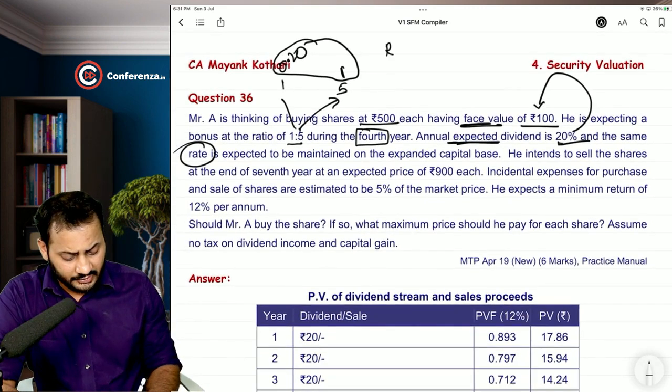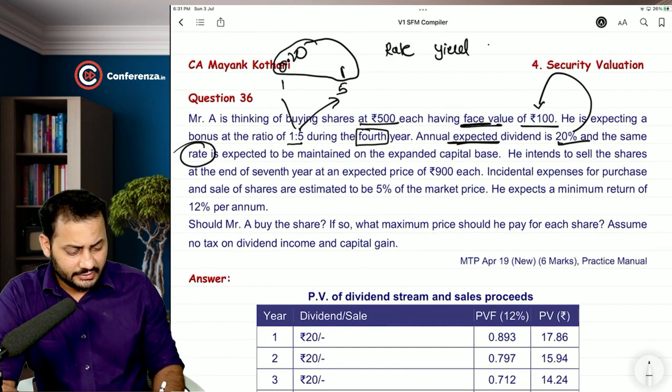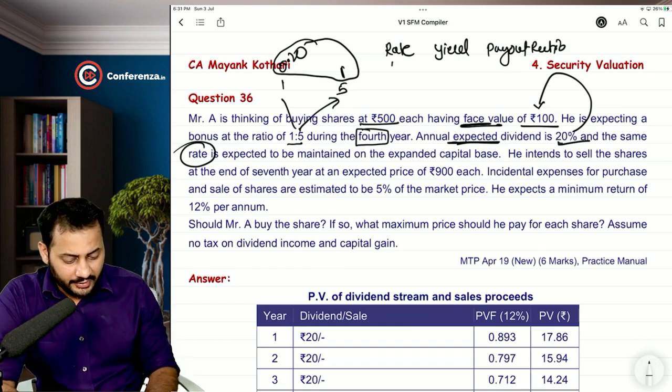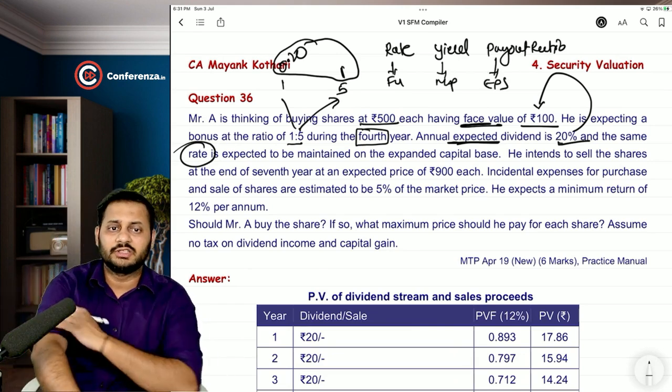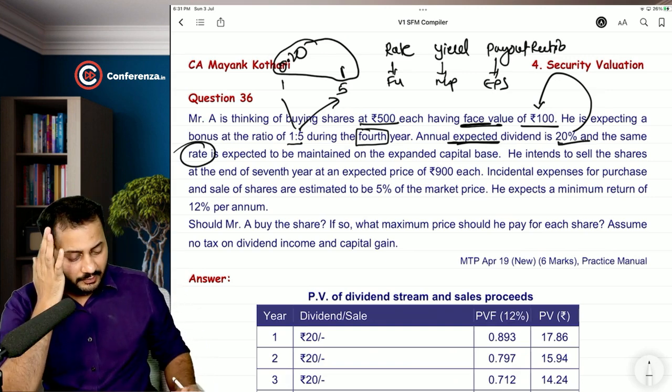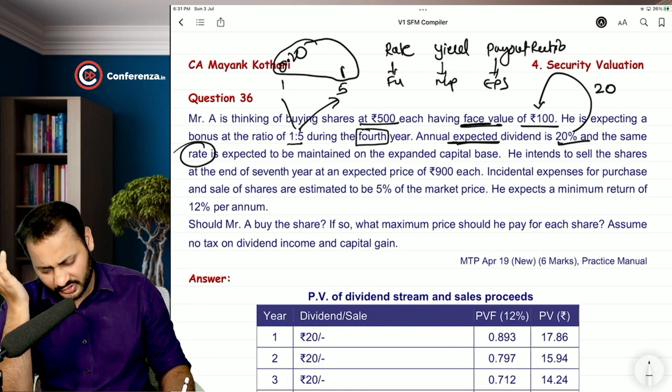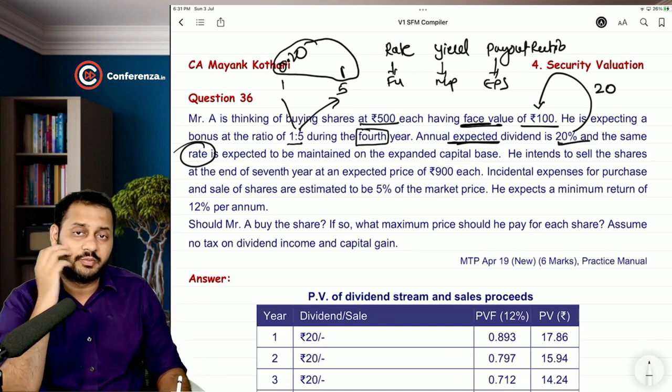First is the rate, second is the yield, and the third is the payout ratio. And I think payout ratio is something that we have used most of the time, right? Rate is applied on face value, yield is applied on market price, payout ratio is applied on EPS. So this is the rate, and this rate will be applied on face value. So the dividend amount comes to 20 rupees. So for the first 3 years, you will be getting 20 rupees.